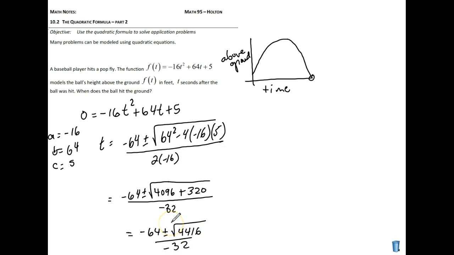Now you can take the square root of this 4,416, and I would encourage you to take the square root of it for this problem since we're actually needing a decimal approximation. So I get negative 64 plus or minus 66.453, it looks like, all over negative 32.